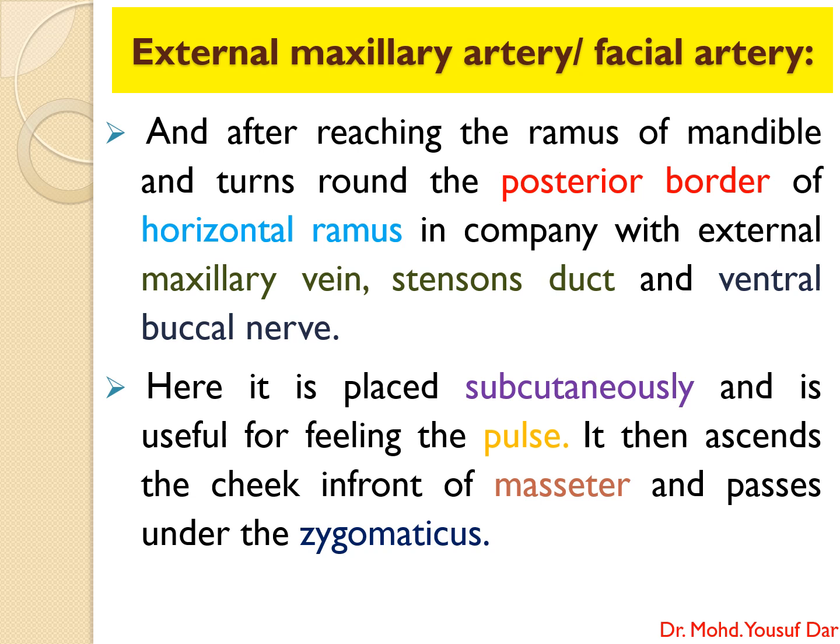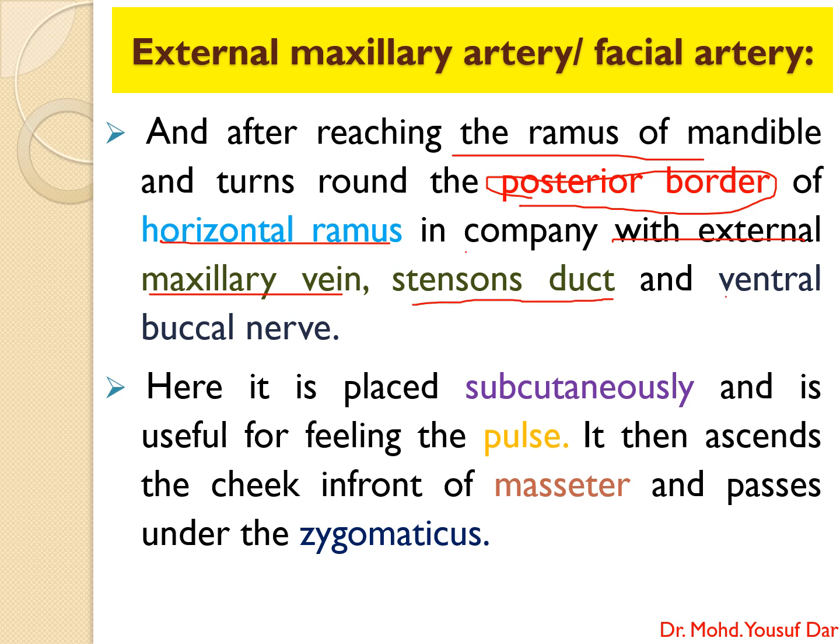Then it reaches the ramus of the mandible, and after reaching the ramus of the mandible, it turns around the posterior border of the horizontal ramus of the mandible in company with the external maxillary vein or facial vein, plus Stensen's duct and the ventral buccal nerve.